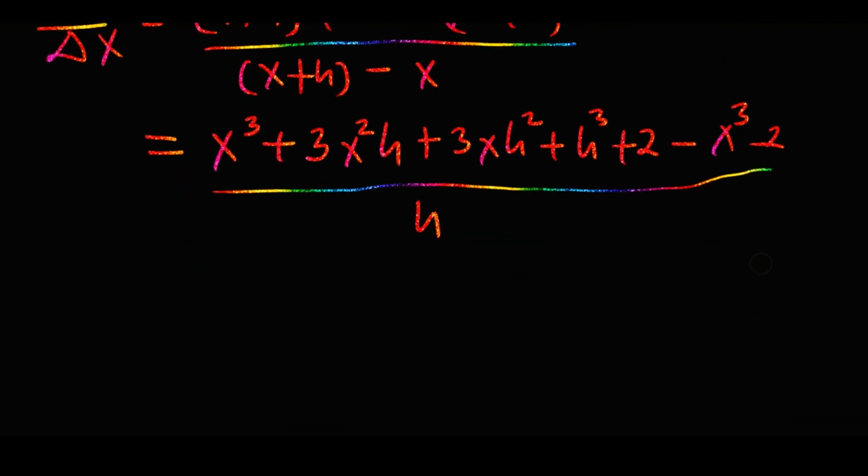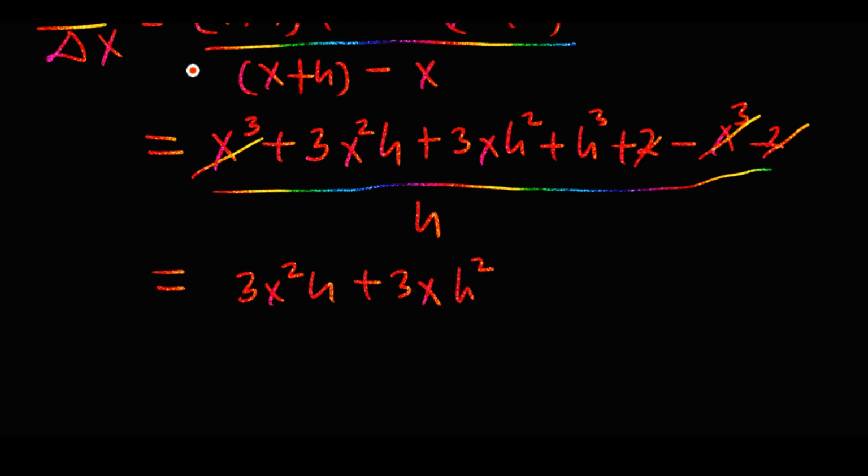You can see in the numerator that x power 3 minus x power 3 is 0, and 2 minus 2 is also 0. So in the numerator we are left with 3x squared h plus 3x h squared plus h power 3, and the whole of this is over h.